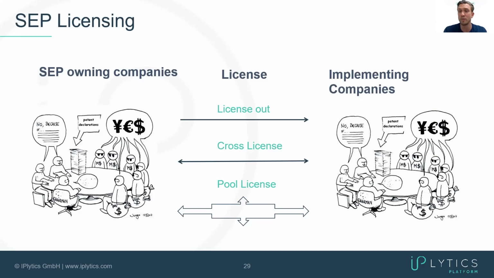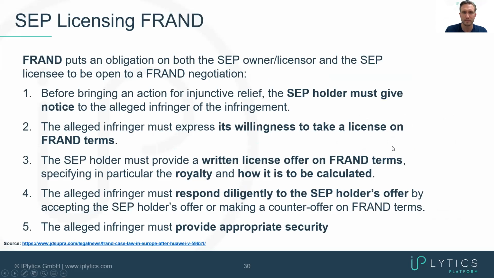And then there is the way of a patent pool. And I want to go a little bit more into detail what a patent pool is and how it works when the patents are pooled. Just one slide. I don't want to go into much detail, but there has been a definition here on how the potential licensee and the licensor should approach each other for getting a license.